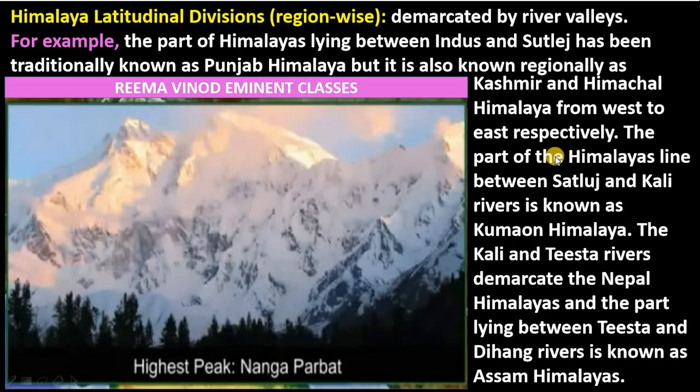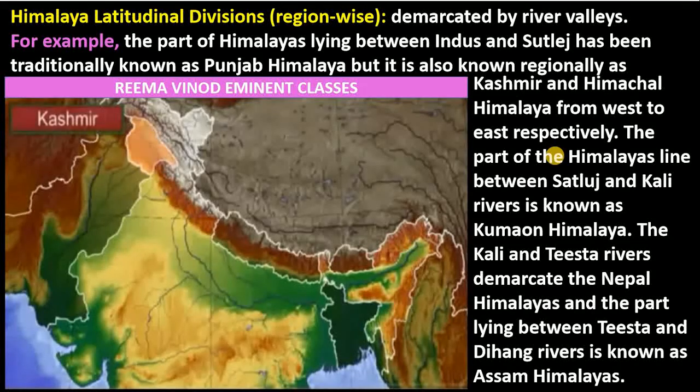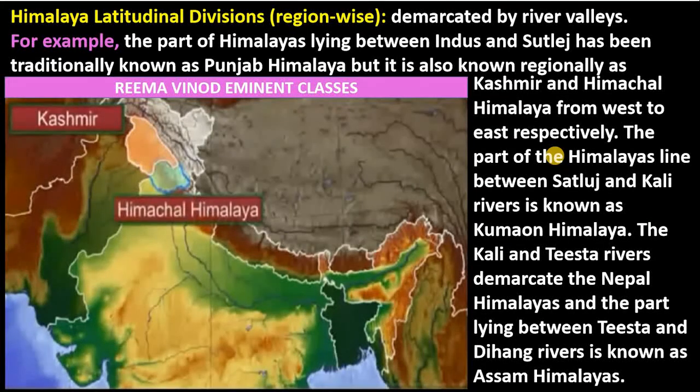In Punjab Himalaya, the highest peak is Nanga Parbat. Locally, this Punjab Himalaya is also called the Kashmir Himalaya and Himachal Himalaya, as per the location.